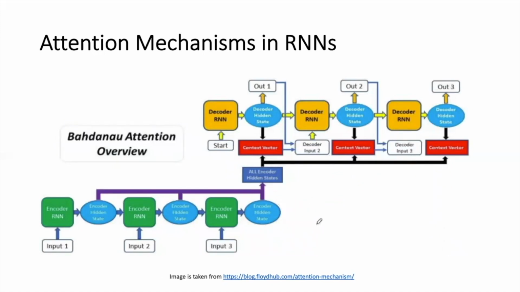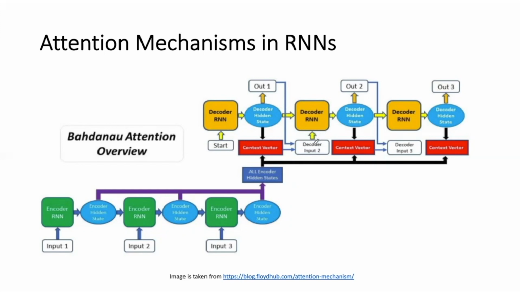We'll once again go through the steps on how to actually compute this context vector. Once we compute it, we pass that on to the decoder, and that helps in generating better output words.